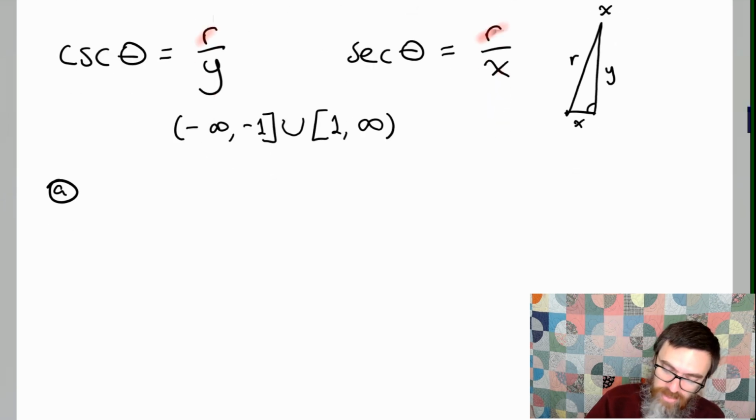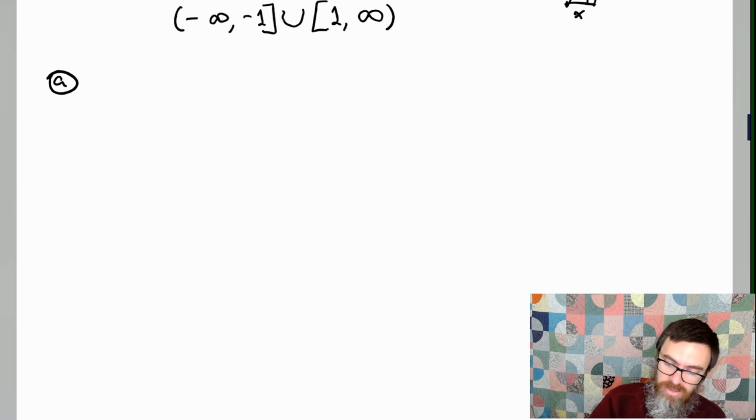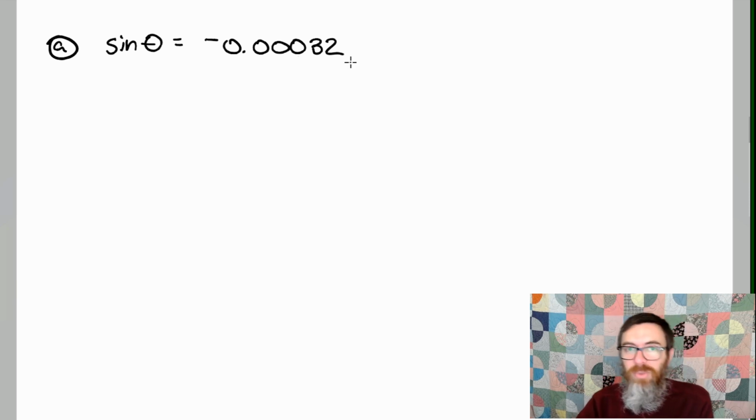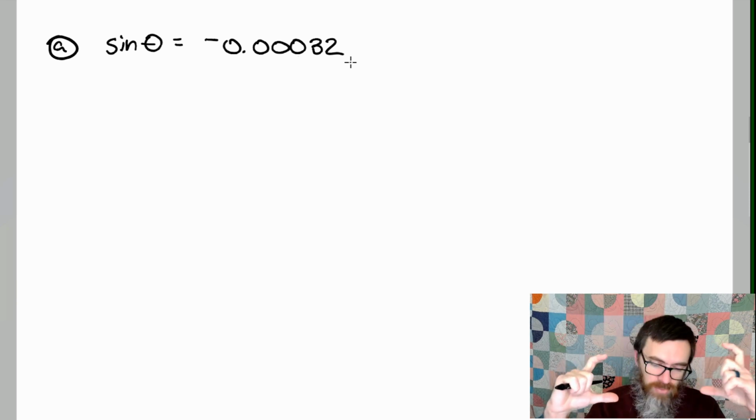So if we look at part A, and we have the sine of theta is negative 0.00032. Is this possible? Does that fit within the range for sine? Sine is supposed to spit back a number between -1 and +1.